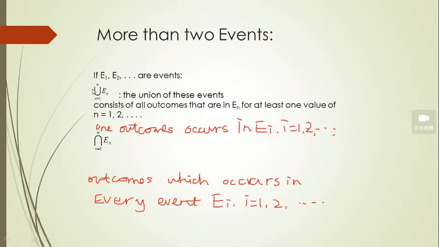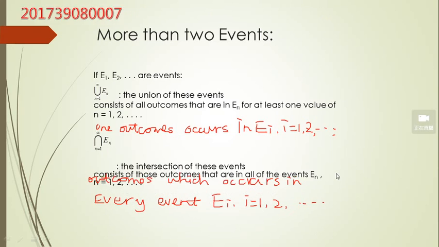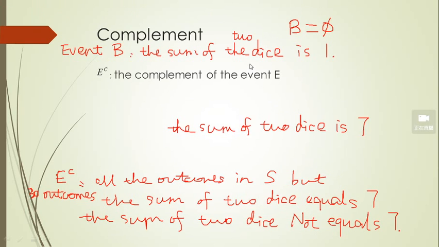So the first one, union, means in any one: if the outcome occurs in any one of the events, it should be included in this union. But this one is the outcomes that occur in every event Ei. So they are different. One is union, one is the intersection.